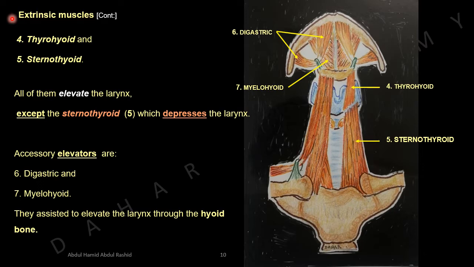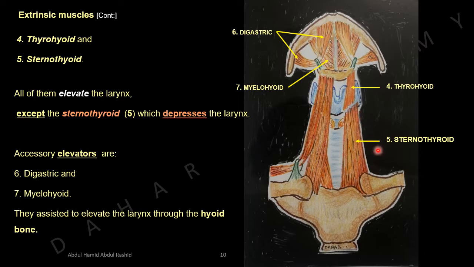Extrinsic muscles, continuation, are number 4, thyrohyoid, and number 5, sternothyroid. Thyrohyoid, look here, comes from the thyroid cartilage to the hyoid bone. Number 5, sternothyroid, coming from the sternum to the thyroid.